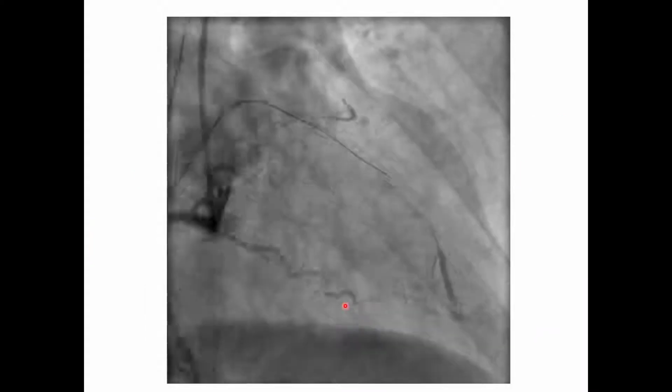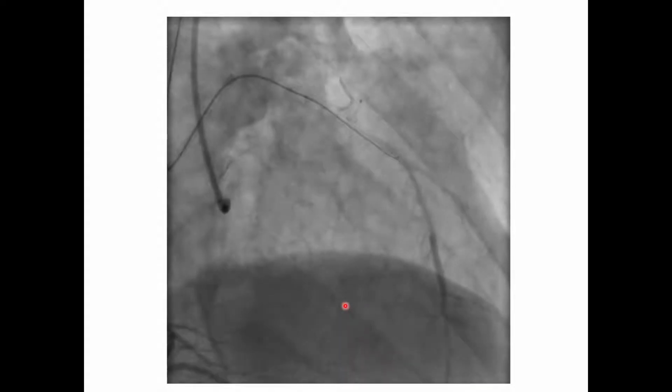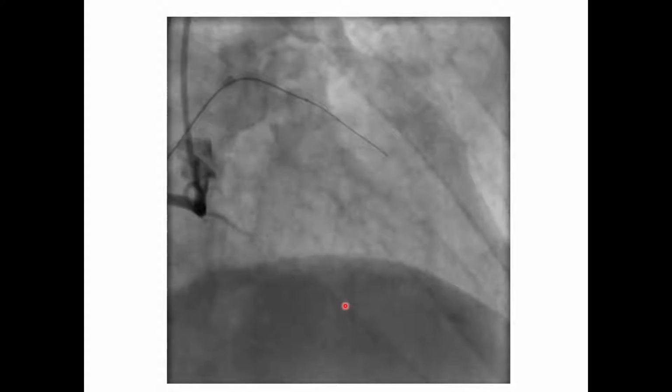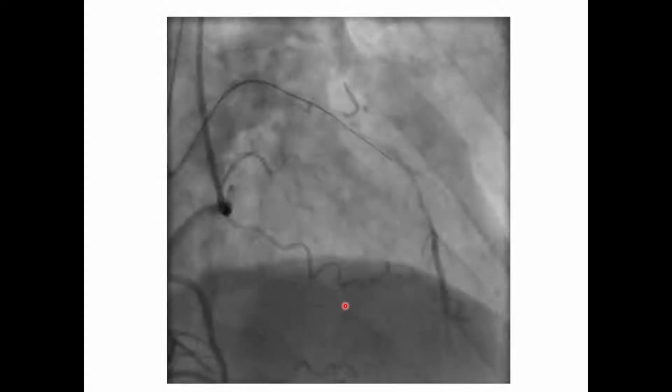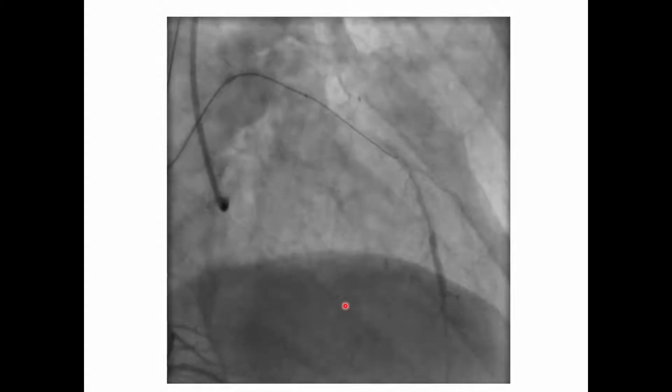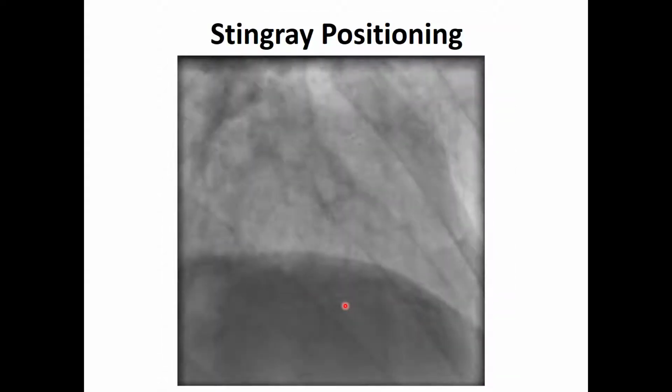Here you can see the inflation of the Stingray balloon with contrast. And using the Stingray wire, we were able to advance the wire and switch it to a Pilot 200, then a workhorse wire in the distal part.